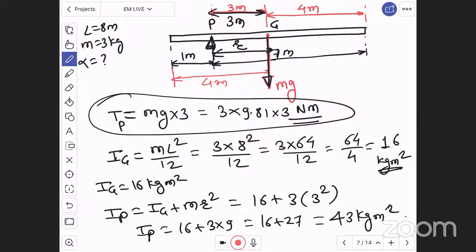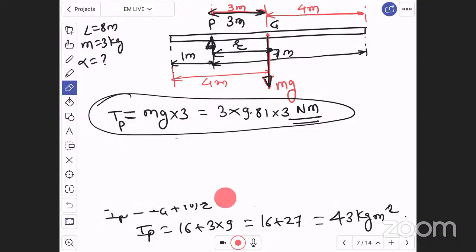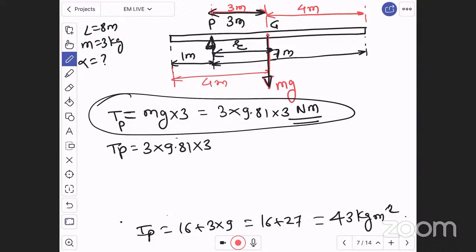Right. Therefore, what have we calculated? We have calculated I about P and torque about P. Torque about P is nothing but 3 into 9.81 into 3 Newton meter, and I about P is nothing but 43 kg meter square.